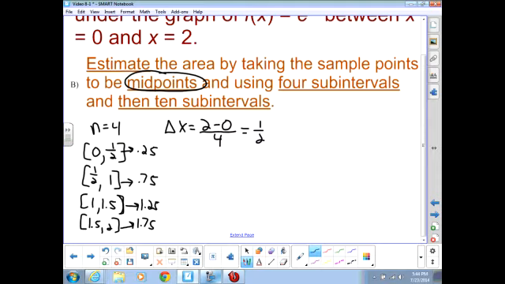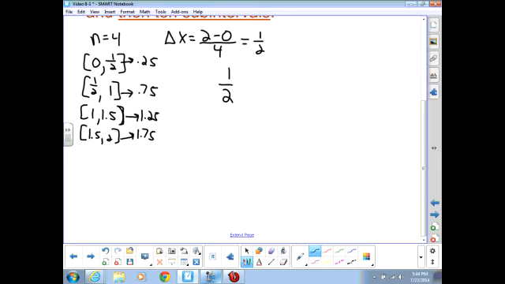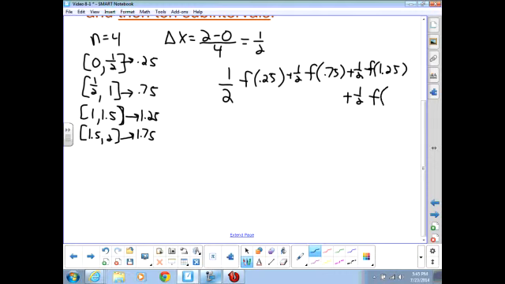So we are going to start out with our width, 1/2, times f of our first one, f of 0.25, plus 1/2 times f of our next midpoint, 0.75, plus 1/2 f of 1.25, and then plus 1/2 f of 1.75. So now we're going to pull the 1/2 out.